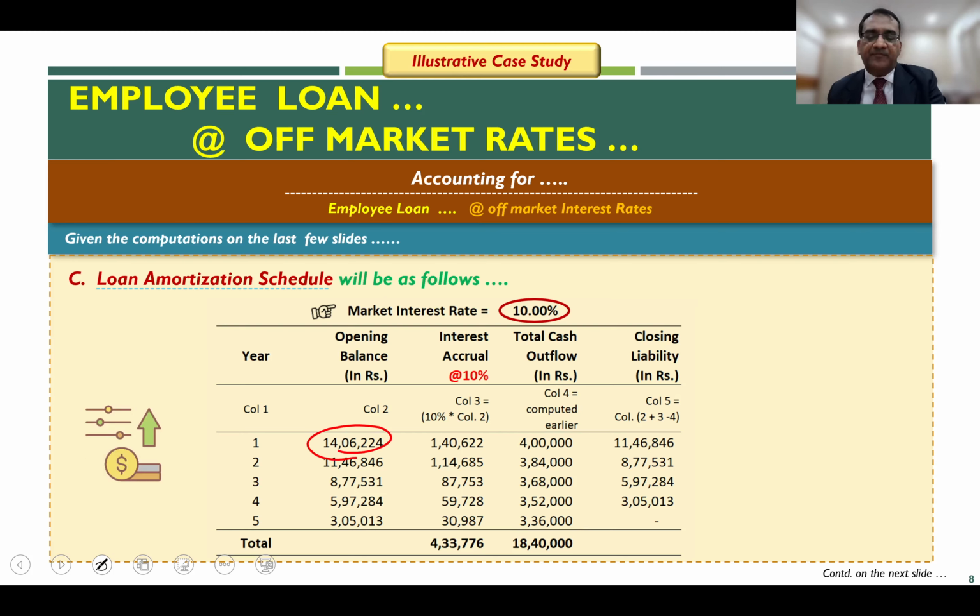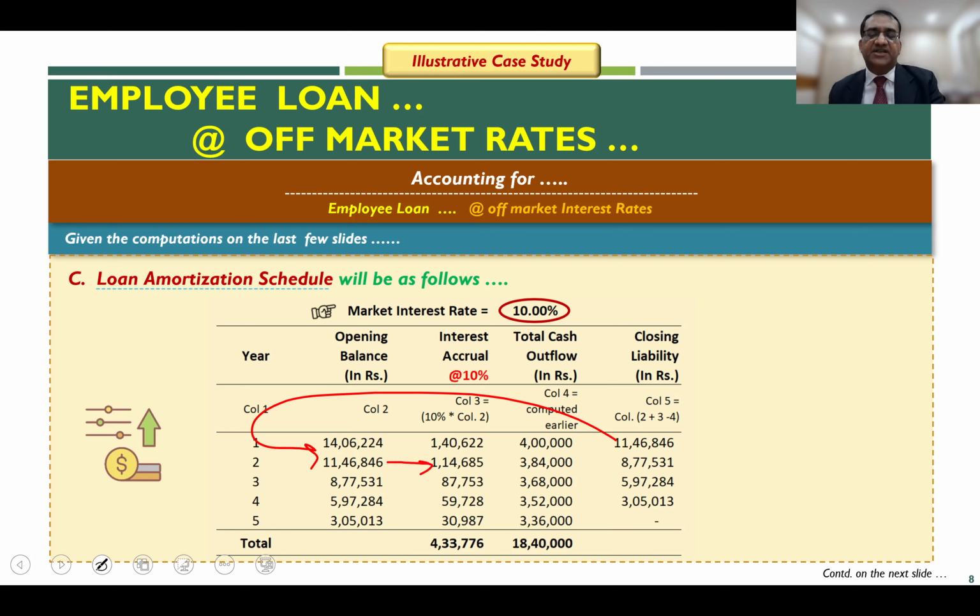So with that said, how will your loan amortization schedule work? This is your opening. Then this is the interest income which you accrue. This is the amount which you will receive from the employee for that year number 1. And that will give you the closing liability for this loan amortization schedule. So opening plus interest accrual minus the cash you have received will give you the closing loan liability. This becomes opening for year number 2. Same process you repeat.